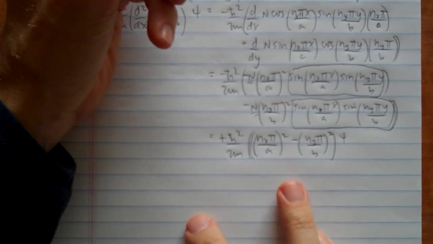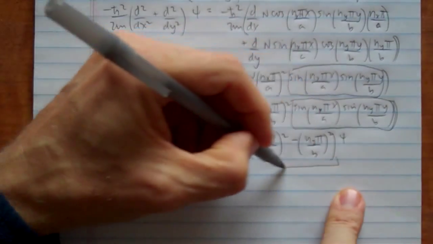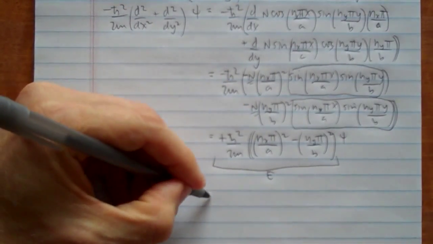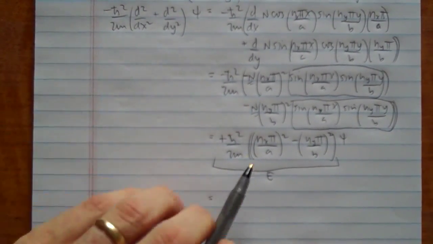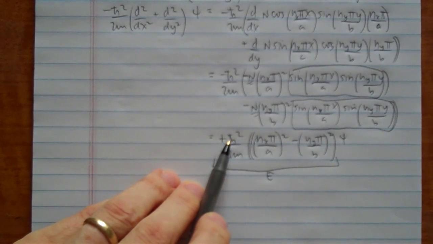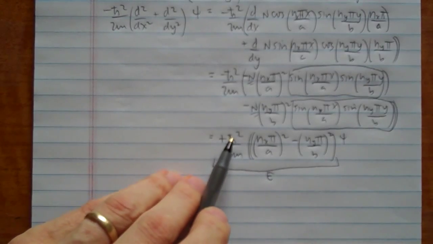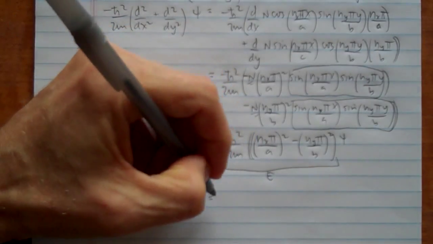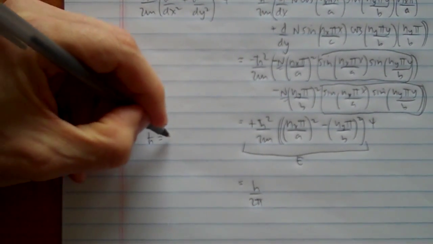Wow. Okay, so this must be my energy then. This right here is my energy. So let's simplify this, and that's really a form of the answer. It's not the prettiest form. I've got a pi here in h bar, don't I? So I can pull that pi. Matter of fact, it's pi squared, and there's a pi squared. So I can simplify this. This is going to be h over 2 pi, because remember, h bar is equal to h over 2 pi, right?